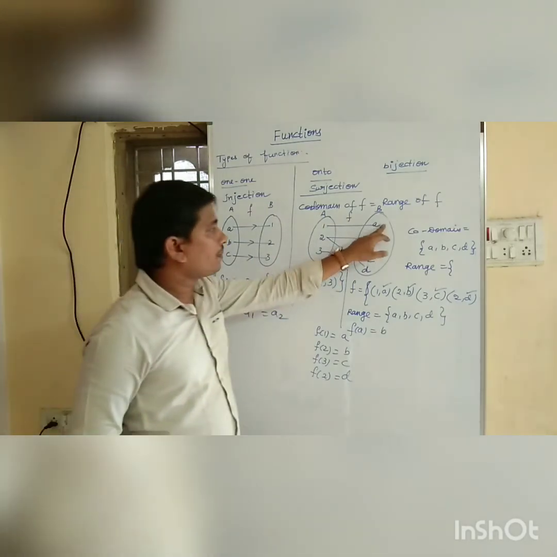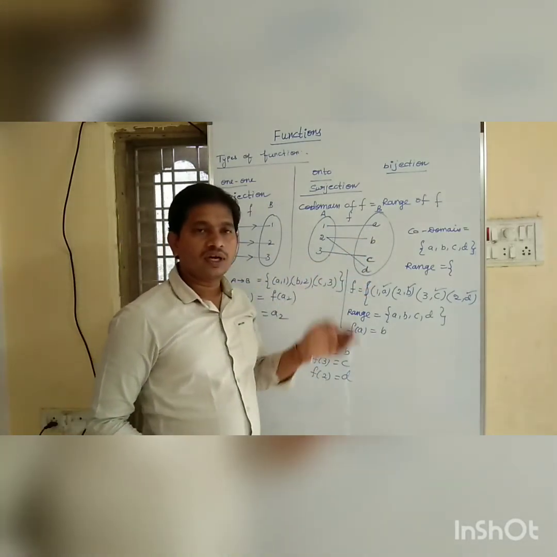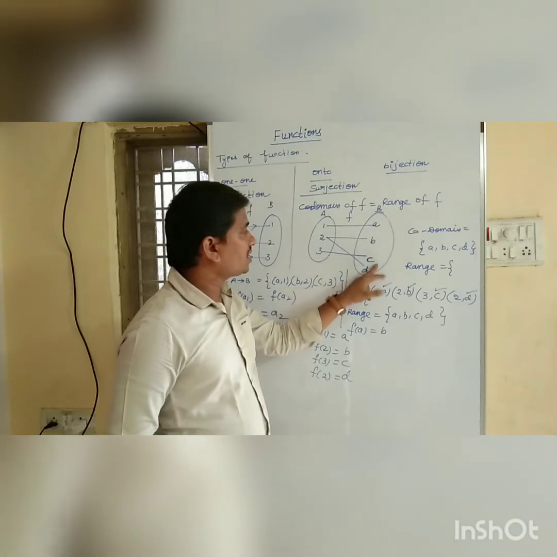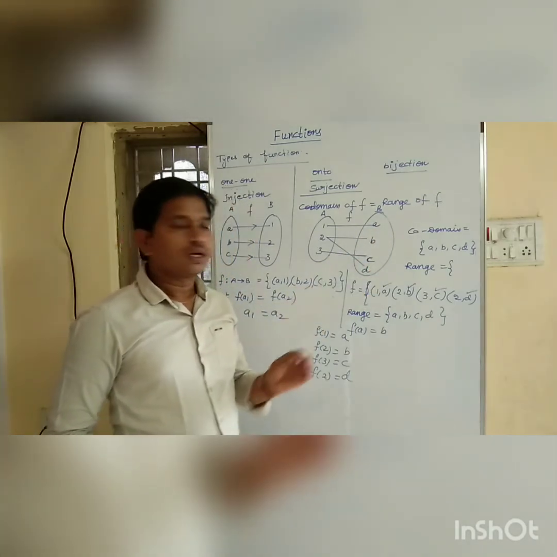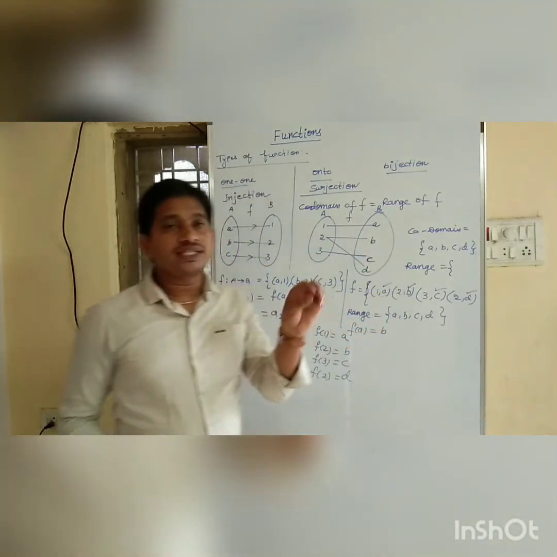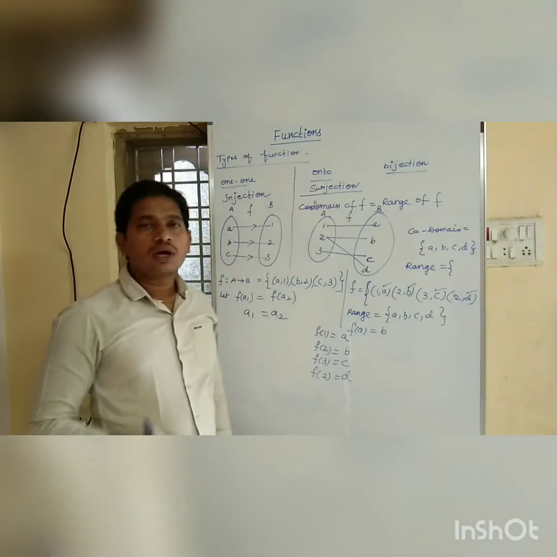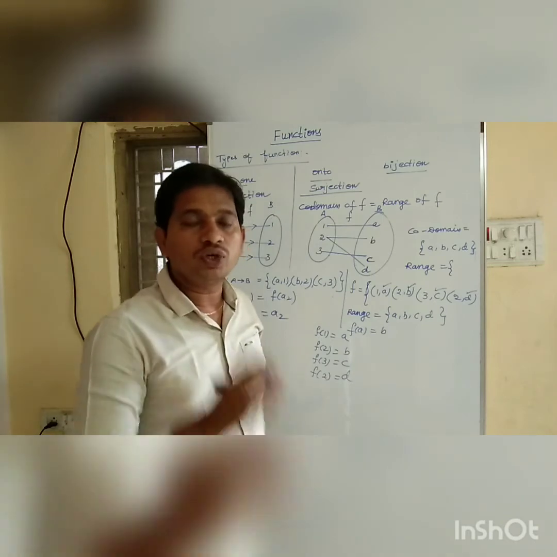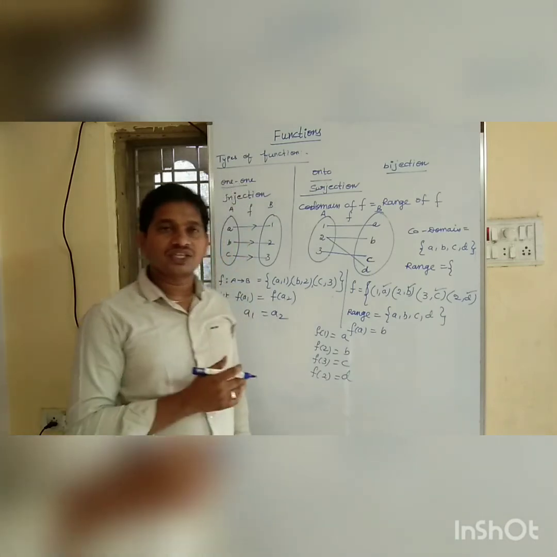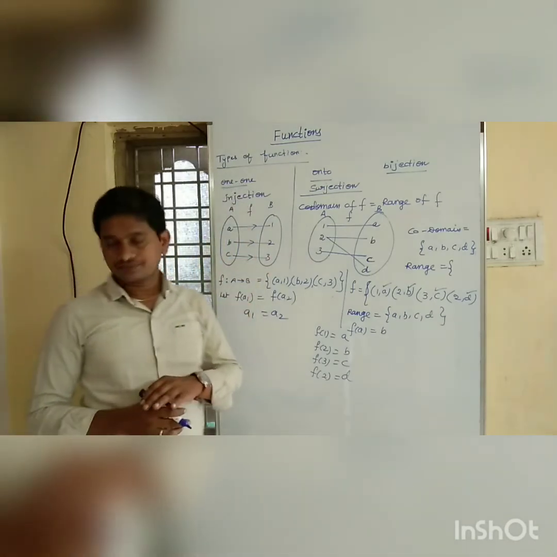Okay, here codomain means a, b, c, d. Range is also a, b, c, d. So f is said to be an onto function. We can also call it a surjection. I mean, if codomain of f is equal to range of f, then that function is said to be an onto function.